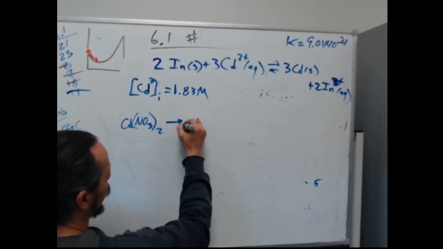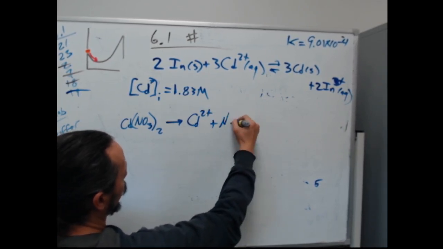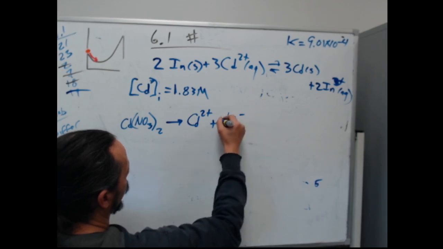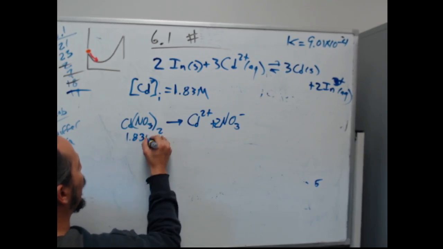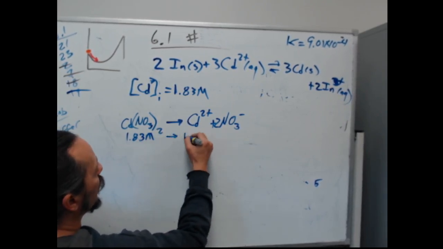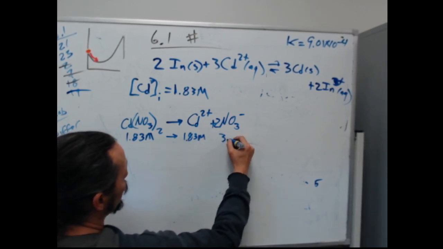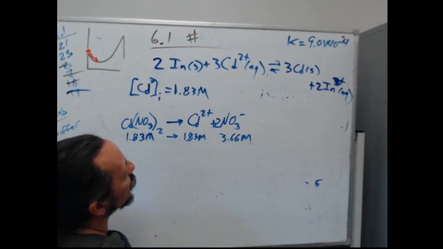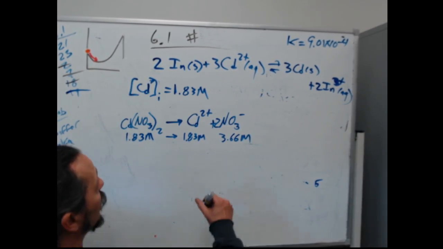They can dissolve. So if I had my 1.83 molarity here, it's going to go to 1.83 molarity here and 3.66 molarity here, but I don't care about the nitrate, because it's a 1-to-1 ratio and a 1-to-2 ratio. All that matters to me is that I end up with cadmium in solution.